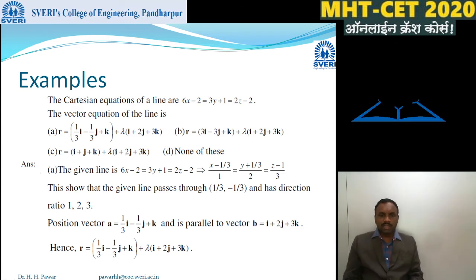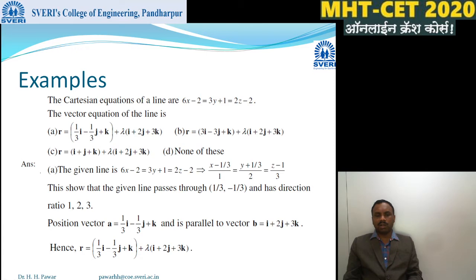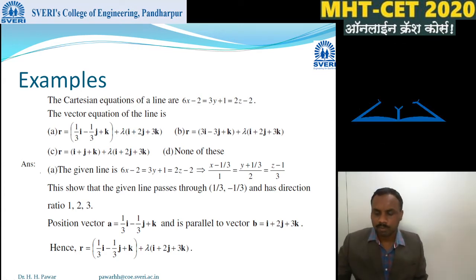This shows that the given line passes through the point 1 by 3, minus 1 by 3, 1 and has direction ratios 1, 2, 3. Hence the position vector is given by 1 by 3 i minus 1 by 3 j plus k, and it is parallel to the vector b bar is equal to i plus 2j plus 3k. Hence r bar is equal to 1 by 3 i minus 1 by 3 j plus k plus lambda into i plus 2j plus 3k.